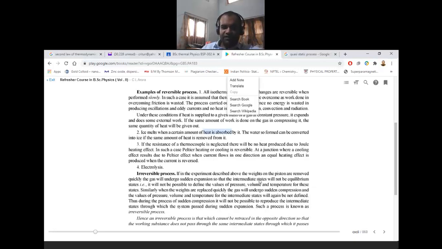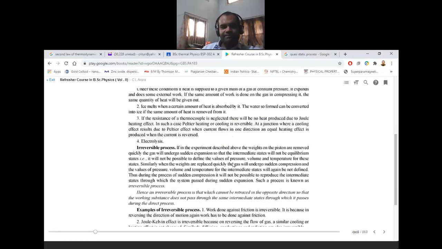When ice absorbs a certain amount of heat, it melts to water. And when you remove some heat from water, what happens? Water gets converted to ice. So this is a very well known reversible process.